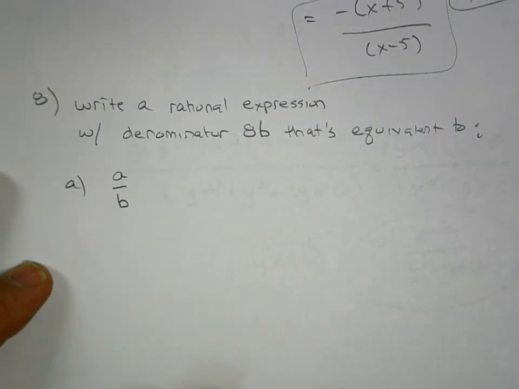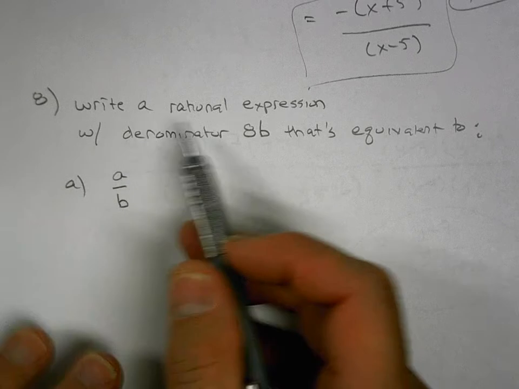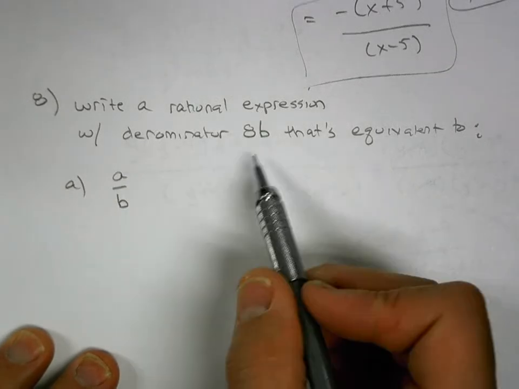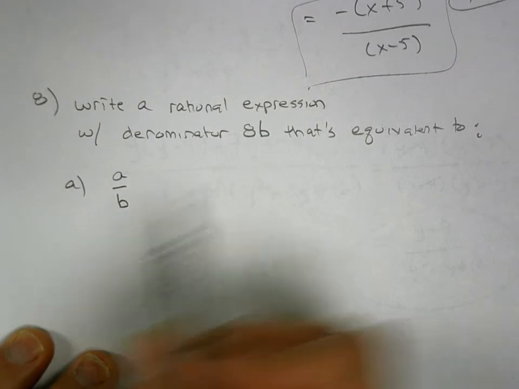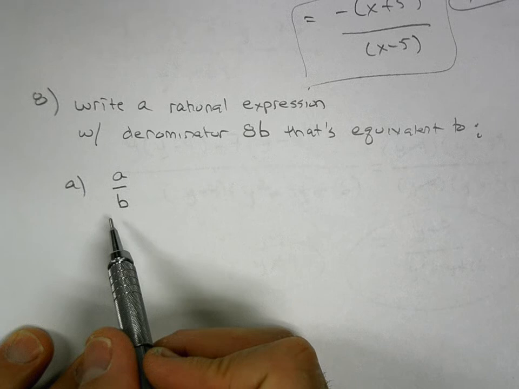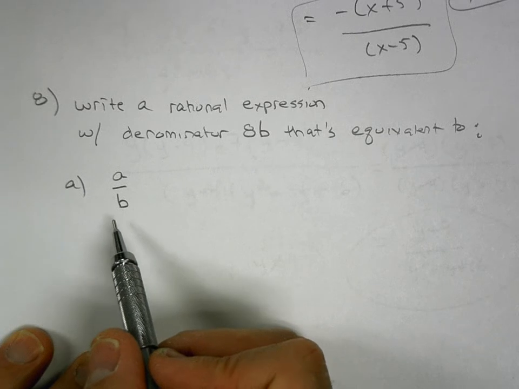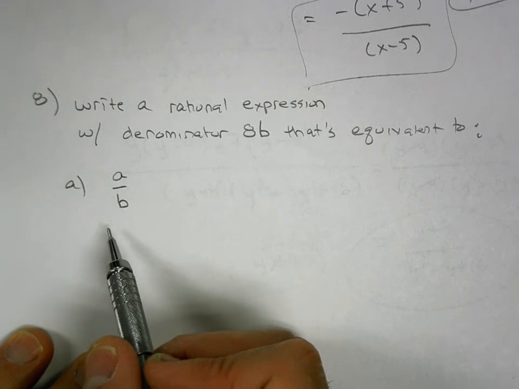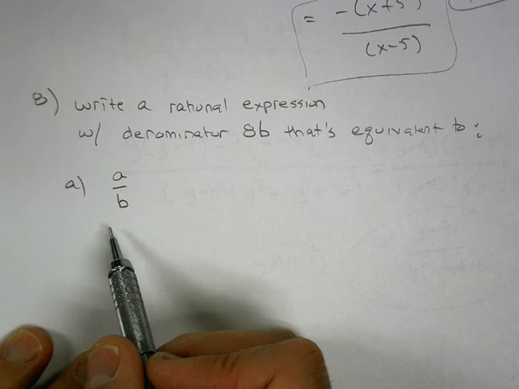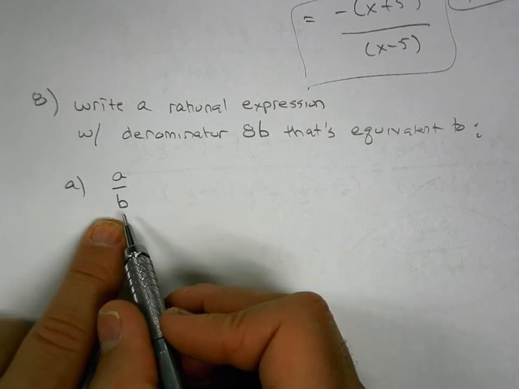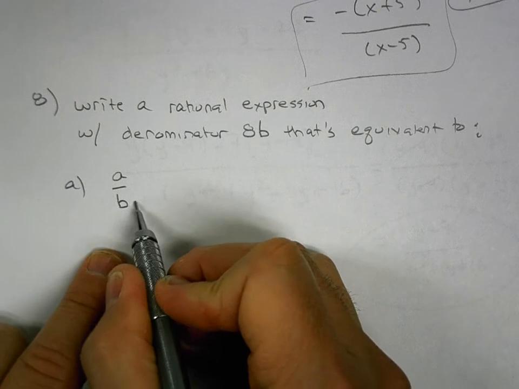Okay, so they want us to write a fraction that has a denominator of 8b. Does this have a denominator of 8b? No. Can we make it have a denominator of 8b? Yes. How do we make this have a denominator of 8b? Okay, multiply by 8, right? So multiply by 8. Now it has an 8b.